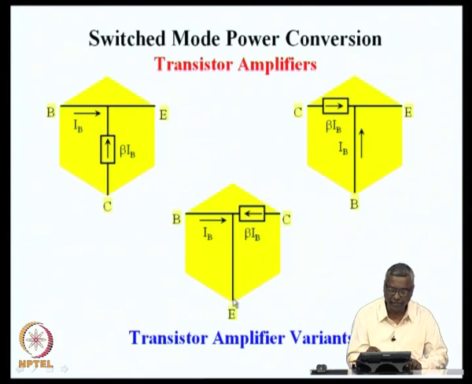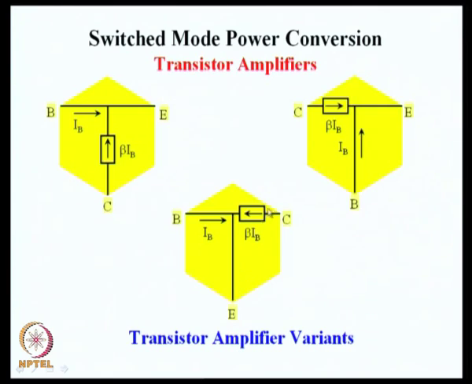This is a common emitter amplifier, normally the most common arrangement for transistor amplifiers, where the input is in the base emitter circuit and the output is in the collector emitter circuit.